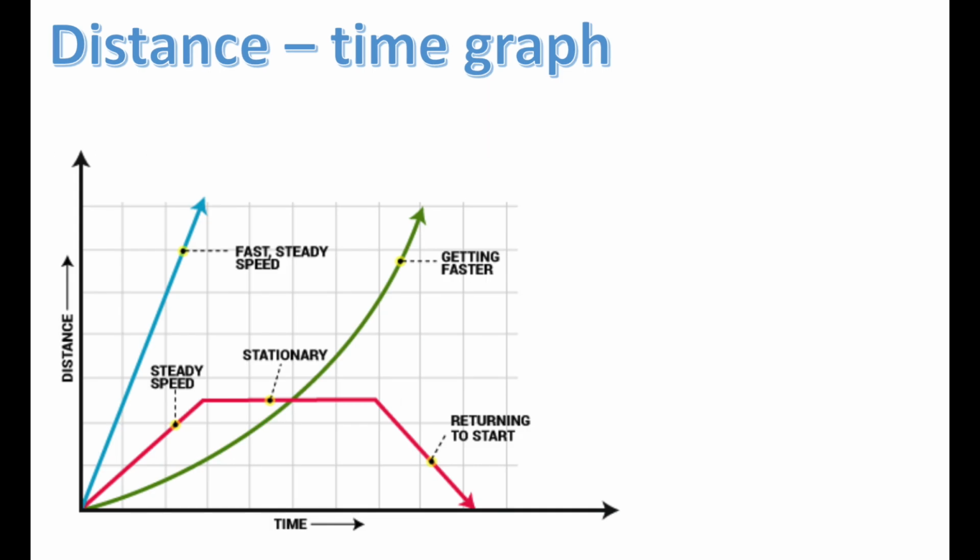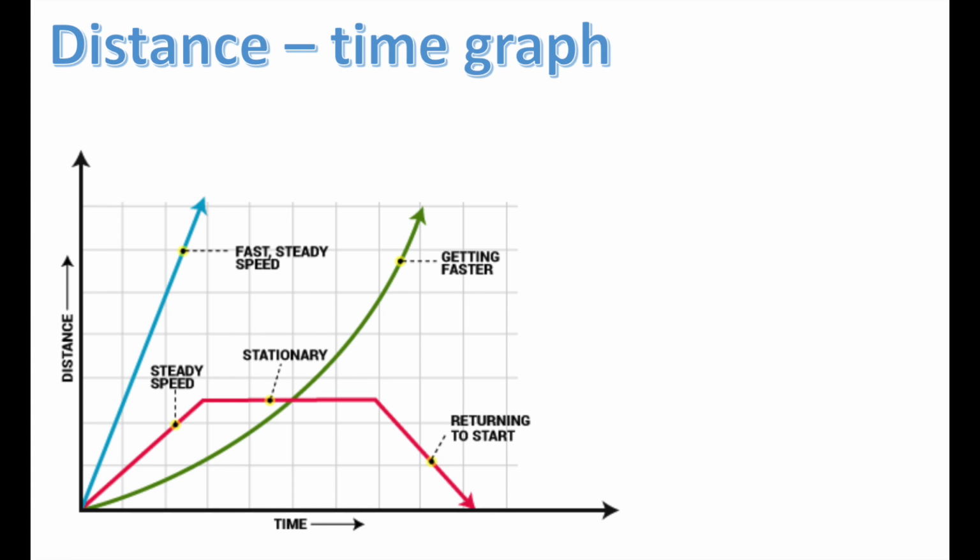Let us discuss a distance time graph shown here. As usual, the independent quantity, time, is plotted along the x-axis and the dependent quantity is plotted along the y-axis, because distance depends upon time.